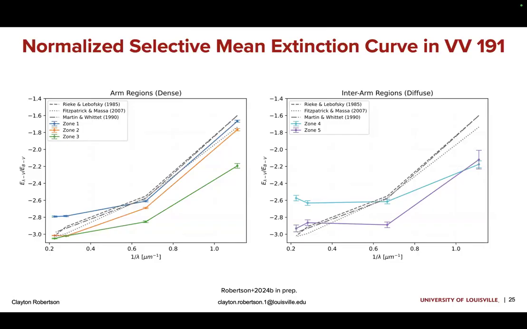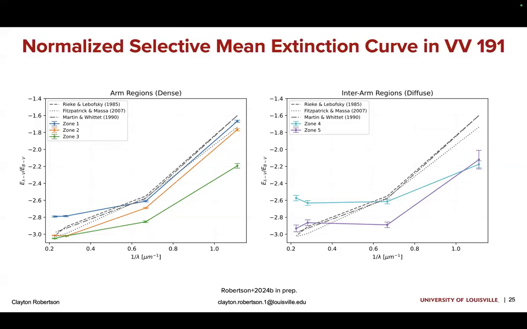The arm region zones 1, 2, and 3 are the spiral arms, and zones 4 and 5 are the diffuse ISM, which is in between the inter-arm regions. You see the large difference between the dense and the diffuse, and the fact that the dense regions more or less agree with the literature from Rieke and Lebofsky, Fitzpatrick and Massa in 2007, and Martin and Whittet in 1990.